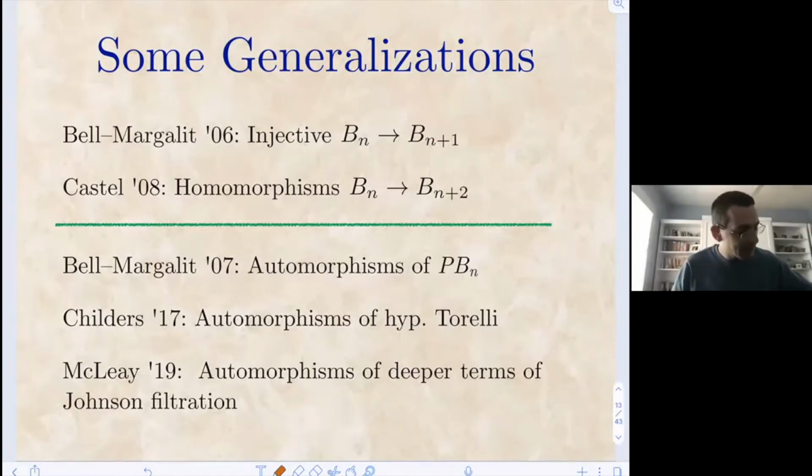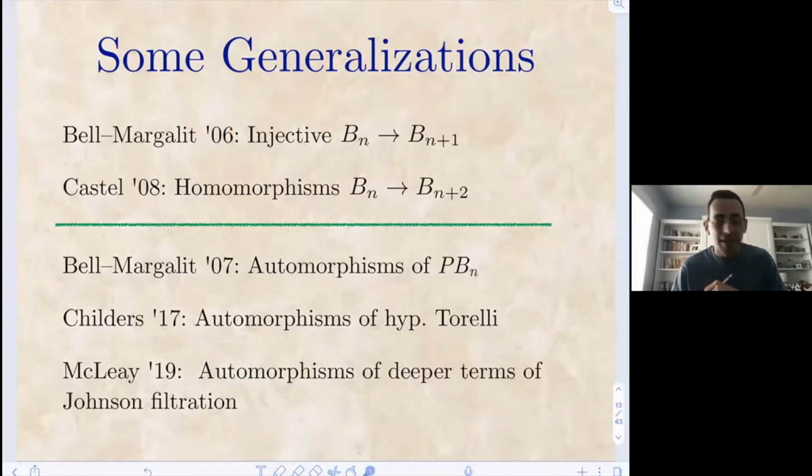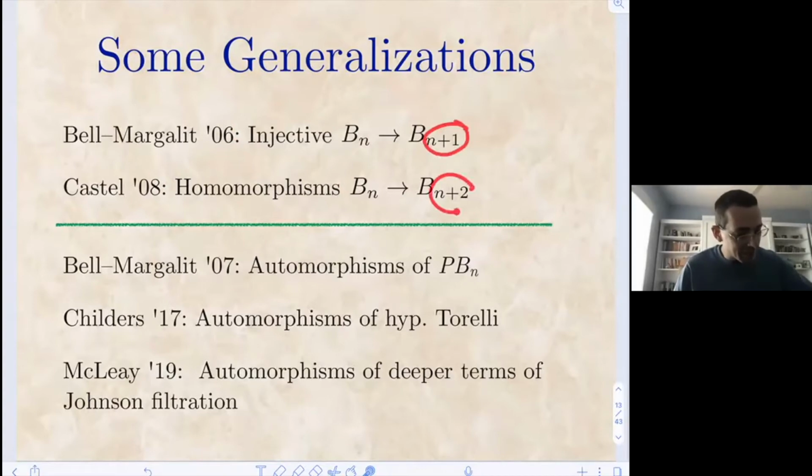And Castel, in his thesis, he's a student of Louis Paris, generalized this in two ways. Instead of just injective maps, it's now just a homomorphism. And instead of n+1, it's n+2.